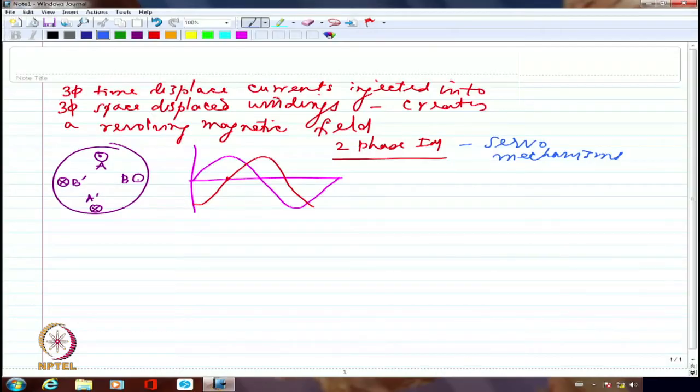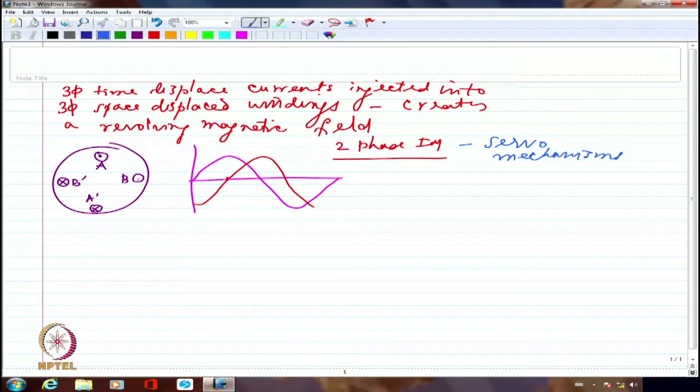No, this will not have oscillation in the speed because both the powers together ultimately is going to give rise to again a constant value of torque and constant value of power. That is one thing. And second thing is also this will also create a revolving magnetic field which will work at the same speed as that of the frequency of the supply.